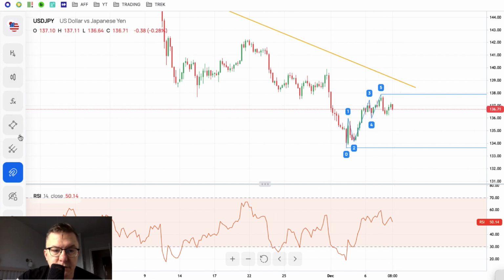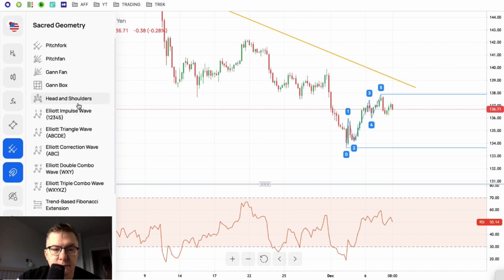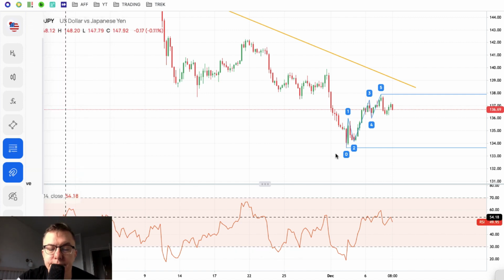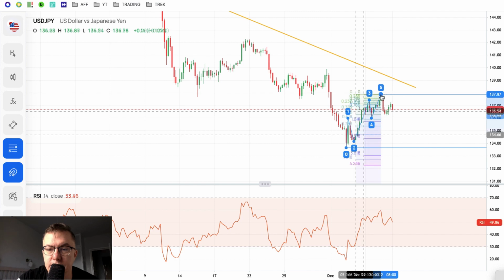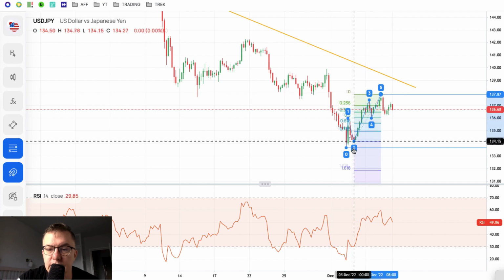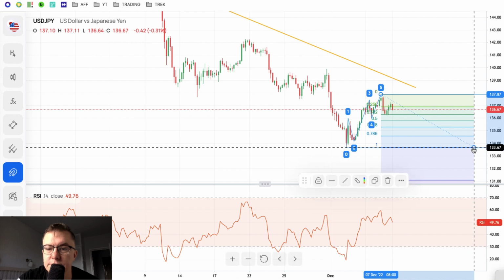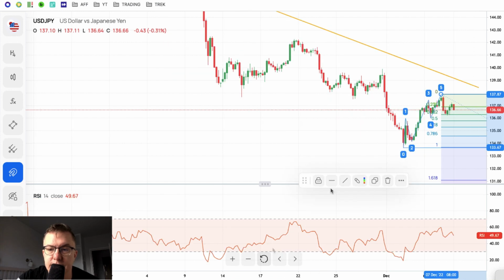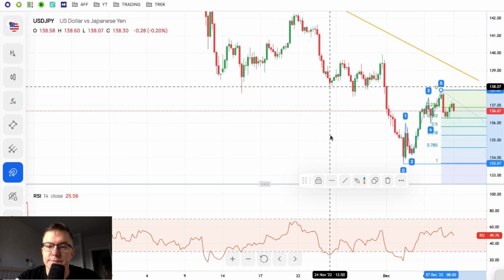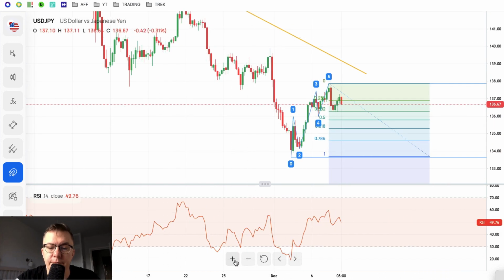So let me put some Fibonacci retracement for you. Here it goes from the top to the bottom this time, and the Fibonacci retracement somewhere here. If we zoom in, we can see much more clearly what is going on.